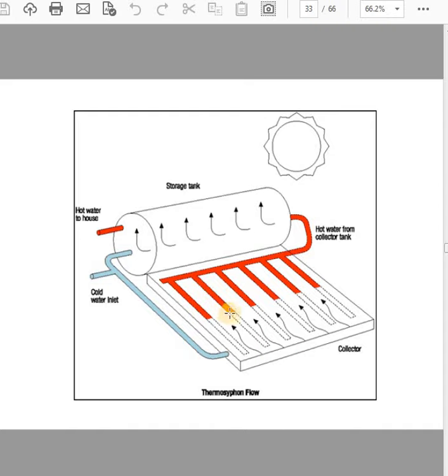These panels will be connected in such a way that there will be pipes present in them, and your water will be flowing through them. Then the cold water from here will be thermosiphon flow.